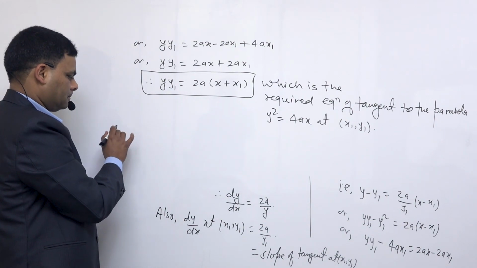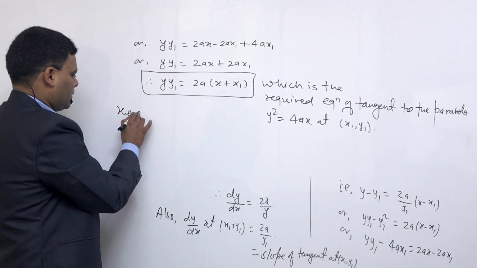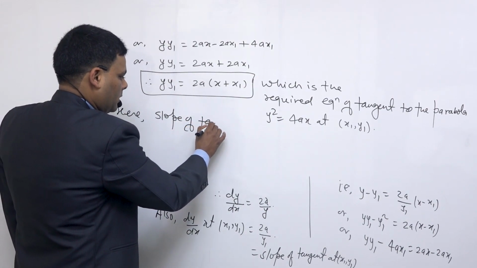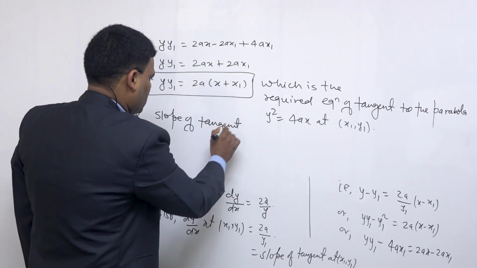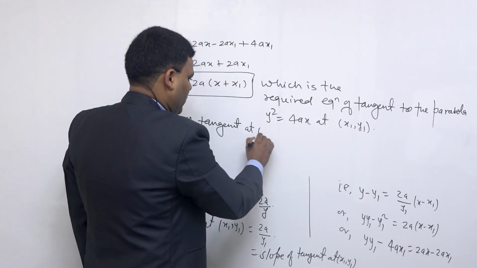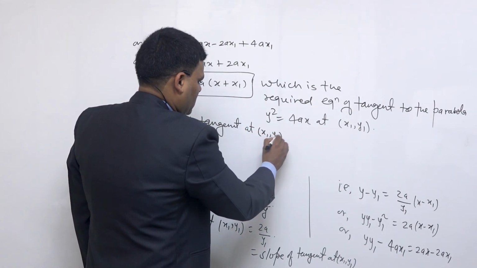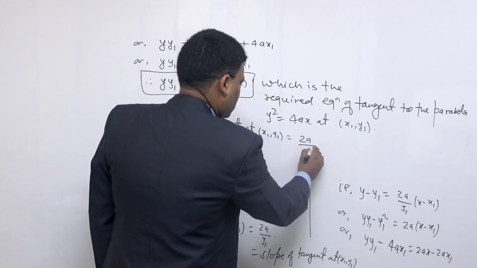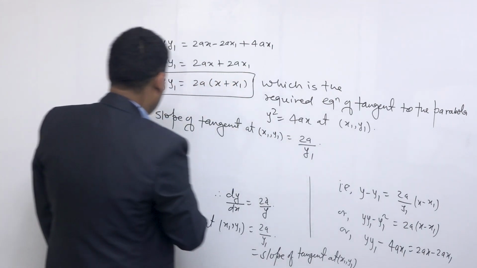Here the slope of tangent at x1 y1 equals to 2a by y1.